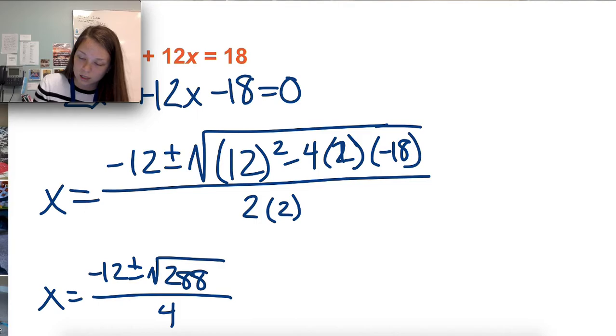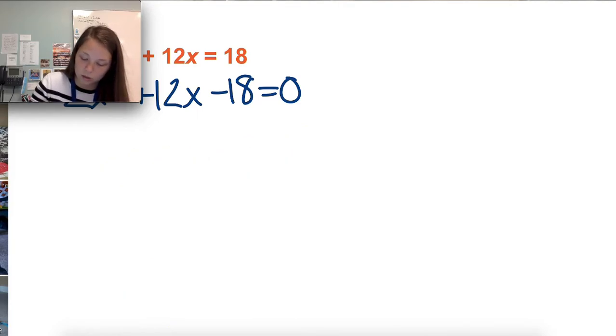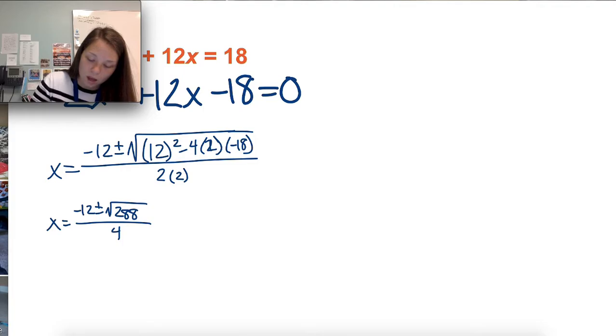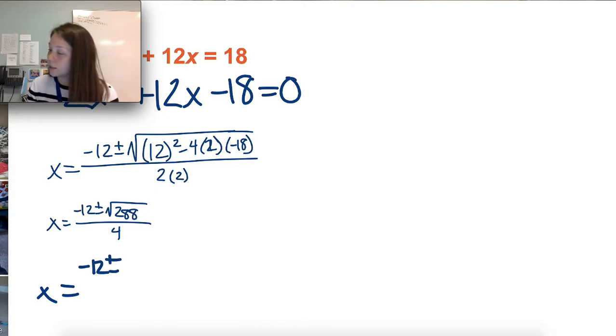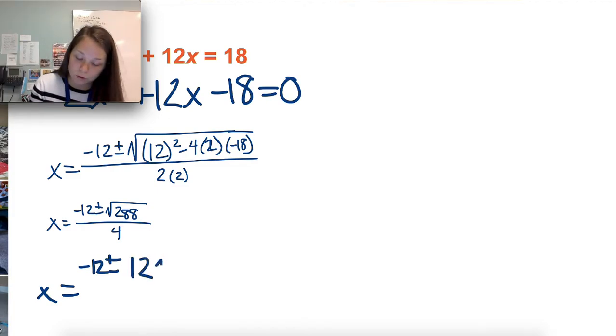I wrote a little bit too big, so I gotta shrink this down a touch. There we go. All right, so now simplifying this, the square root of 288 goes into simplest radical form as, let's see here, that would be 12 root 2, and then that's divided by 4.